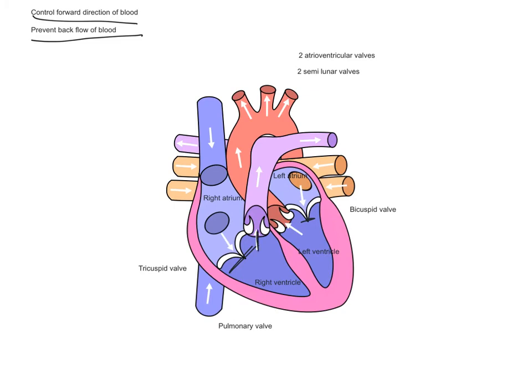The pulmonary valve exits the right ventricle into this tube here, which is called the pulmonary artery.